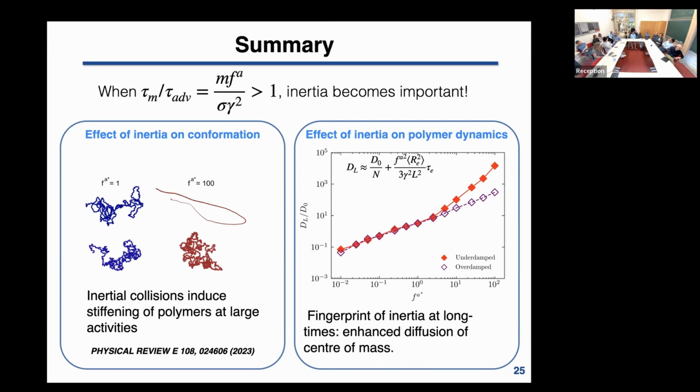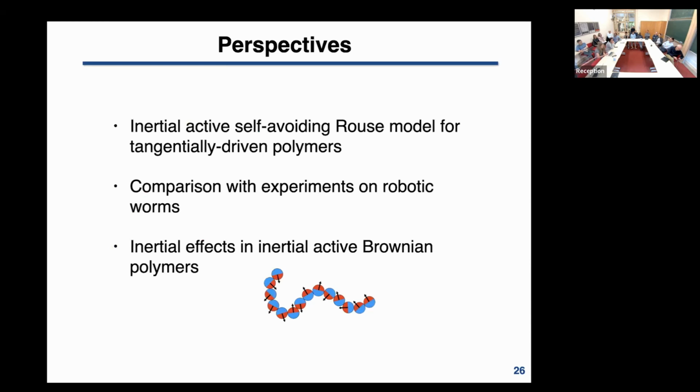If you make your orientational noise strong enough, could that break the inertia and then bring you back into something similar to the overdamped case? Orientational noise of what? If I remember right, it's the activity that couples to the orientational inertia, not to the translational inertia. And so can you break that by adding a lot of rotational noise? Yeah, actually. And then when the noise on every one is uncorrelated. Okay.